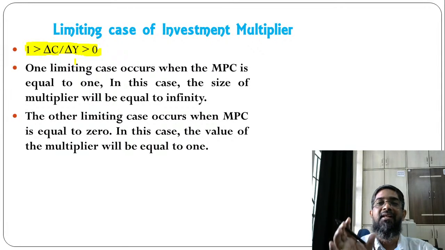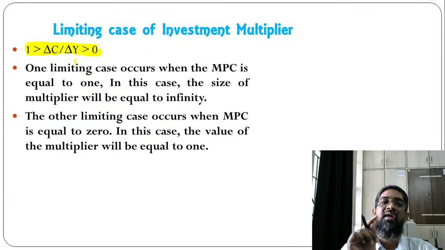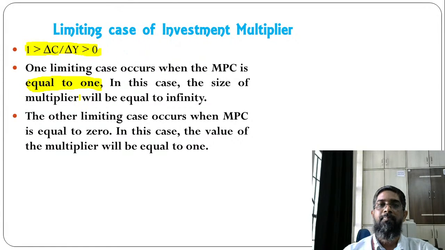So we are discussing the limiting case of investment multiplier, which depends on the value of MPC or MPS. The first limiting case is that if the value of MPC is equal to 1, in this case the size of the multiplier will be infinite.